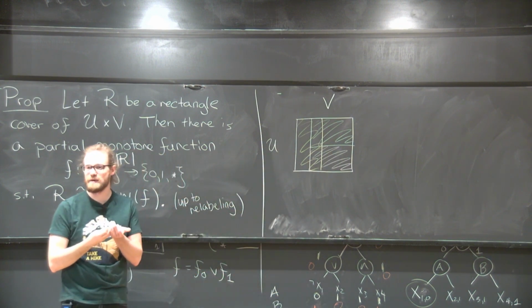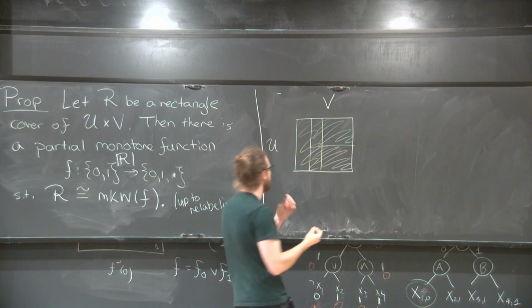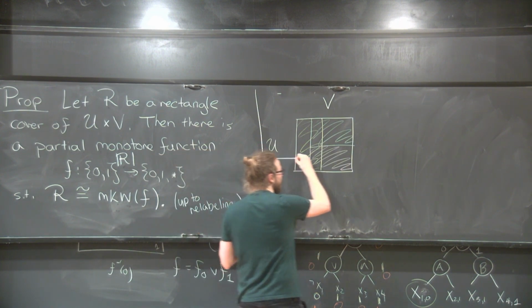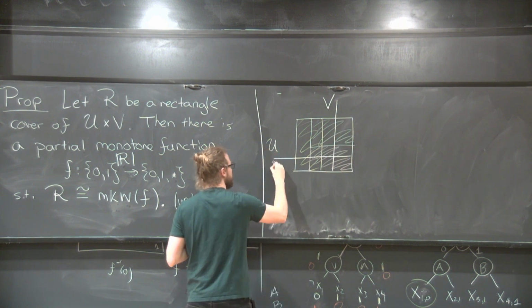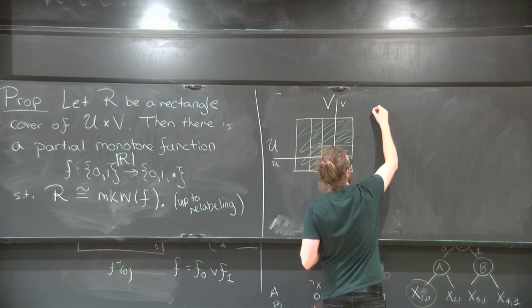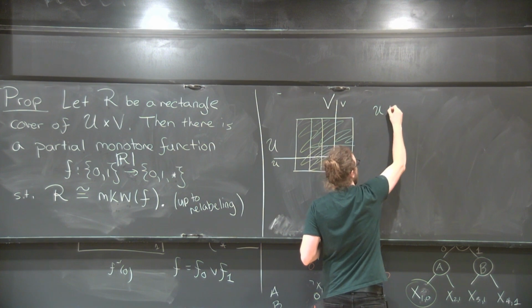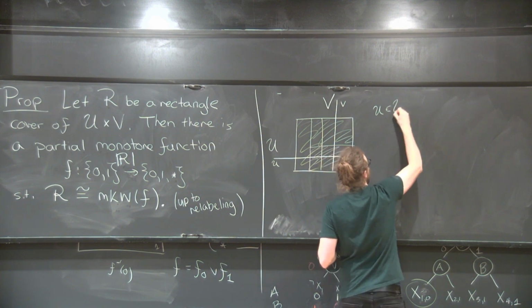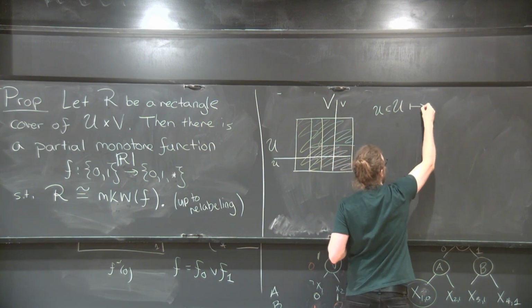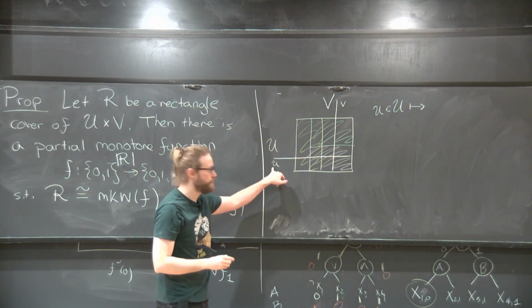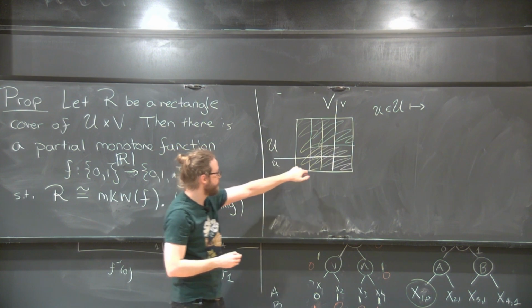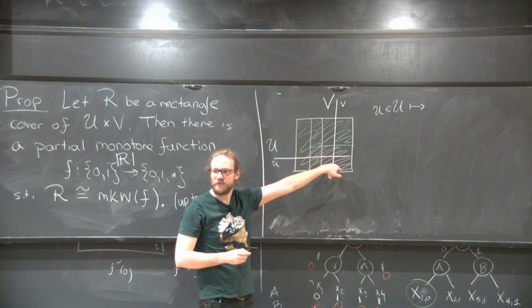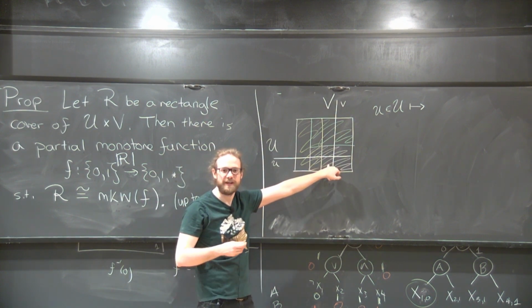So how do I come up with a function? Well, there's kind of only one way to do it. For every u in the u domain, I'm just going to write down the list of rectangles that u corresponds to in unary.